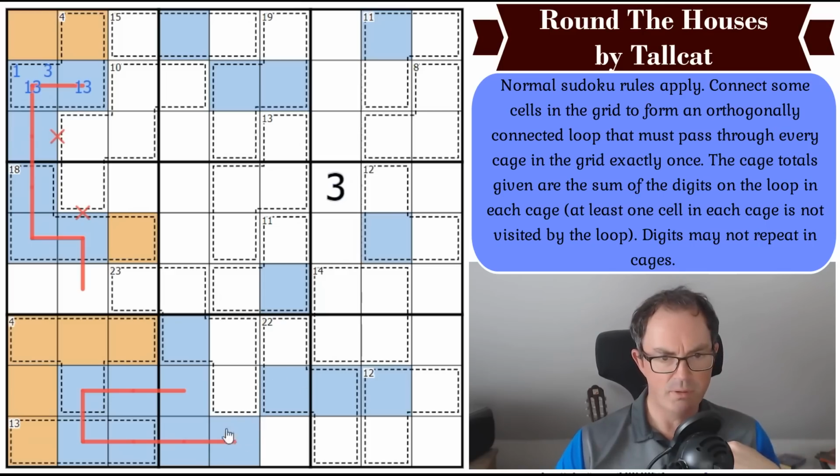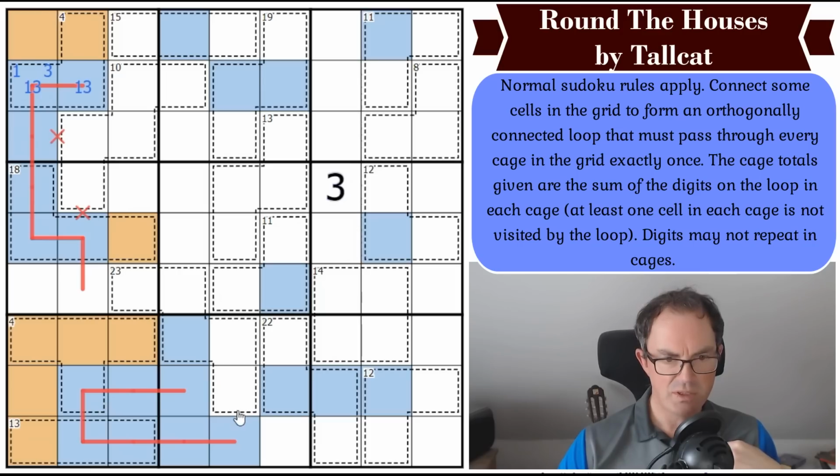That can't go up. If we go up, we know this cell has to be reached because we've got to get to a count of 3 cells at least in the 23 cage, and then we're going to close the loop again.